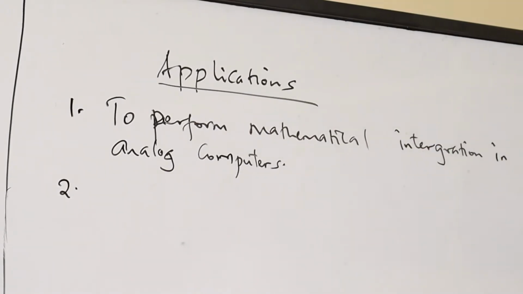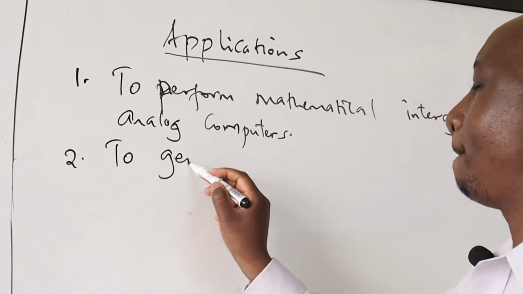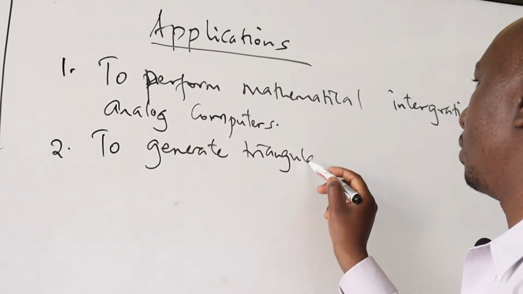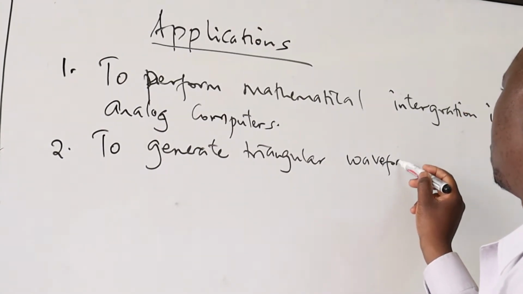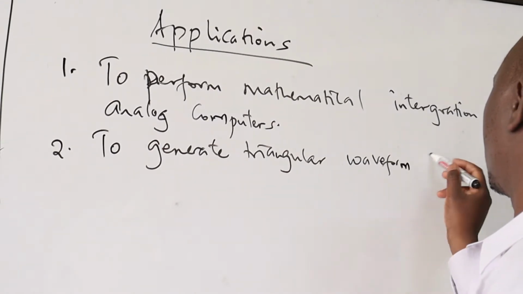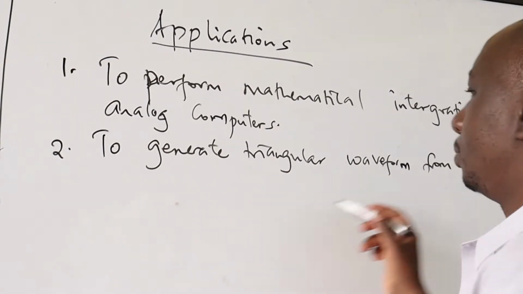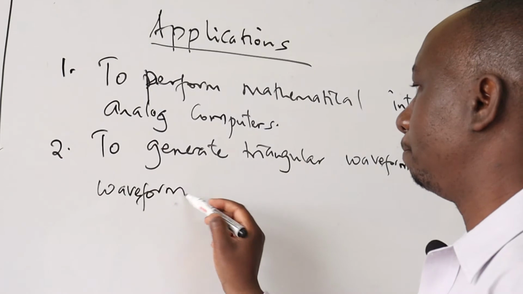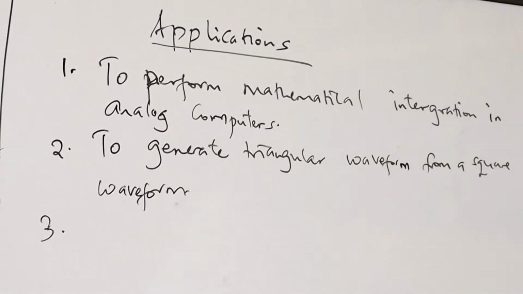Application number two is to generate a triangular waveform from a square waveform. And number three is to generate a sawtooth from a rectangular waveform.